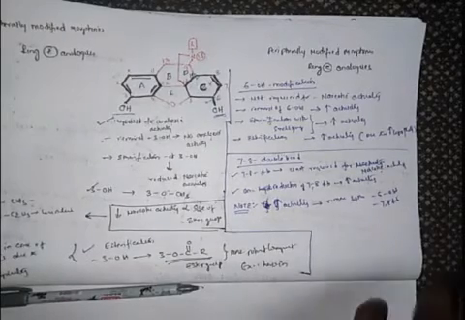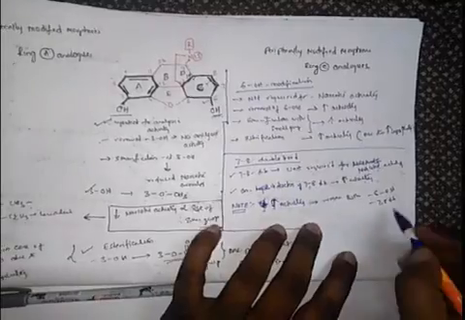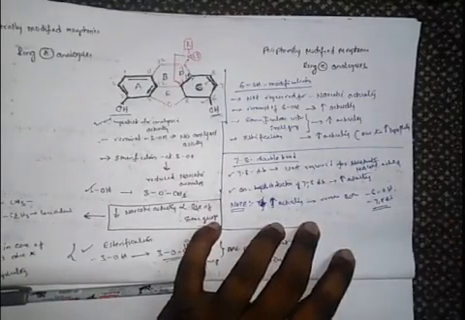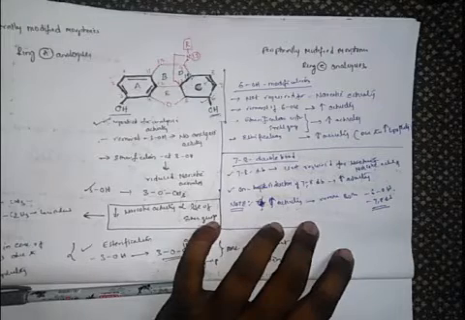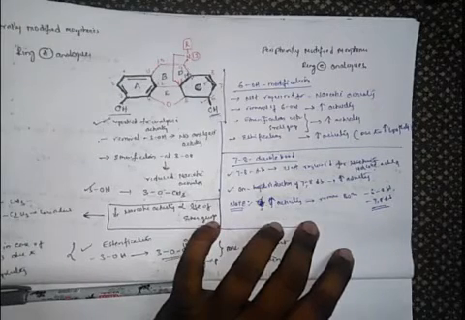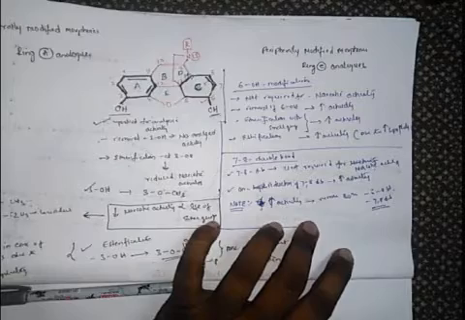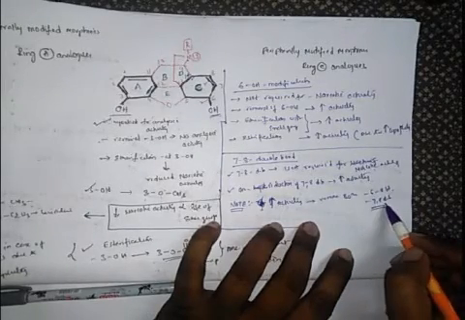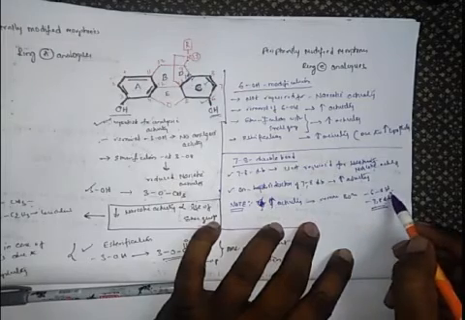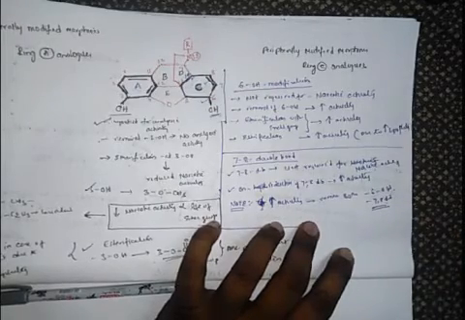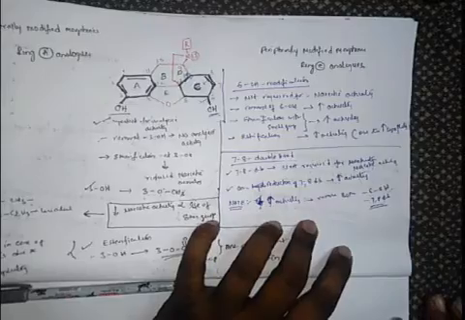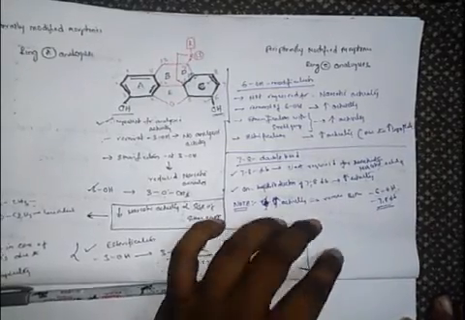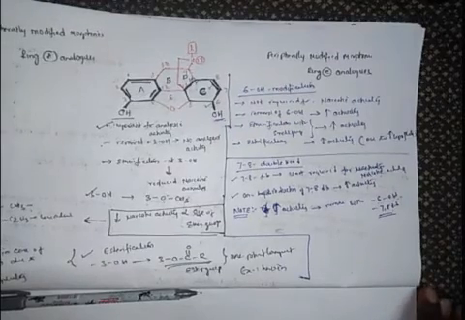Otherwise, on removal of the 7,8 double bond with retention of the OH group, there is no increase in activity. If you want enhanced activity, you have to remove both simultaneously. This is a very important point.